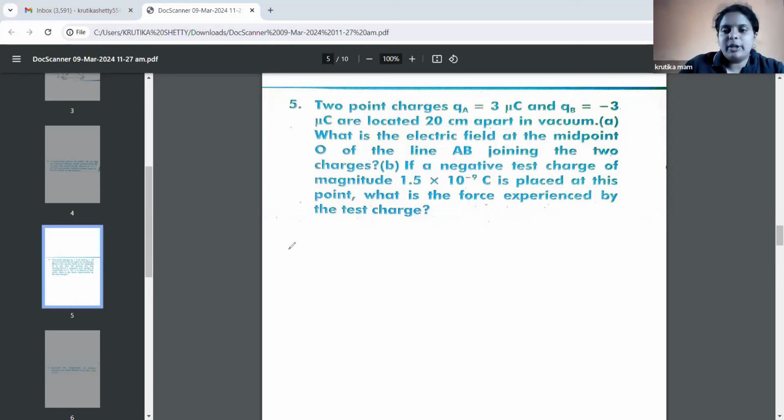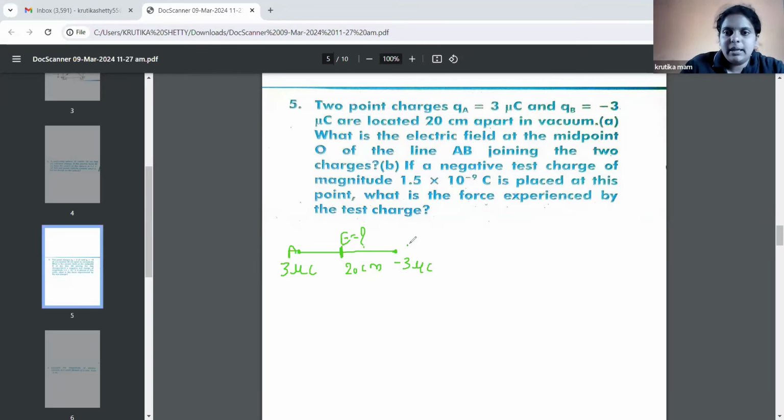Yes. So according to the question, we will get a diagram here. That is, we have the 2 point charges. One is 3 microcoulomb and one more is minus 3 microcoulomb. They are placed 20 centimeter apart in vacuum. What is the electric field at the mid, along the line joining AB?